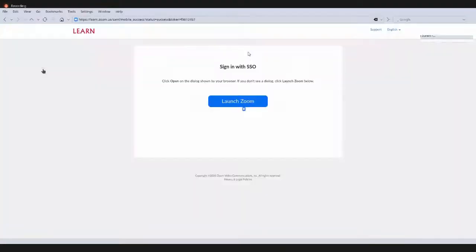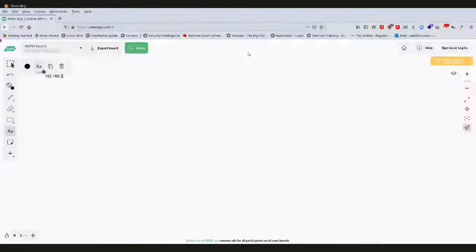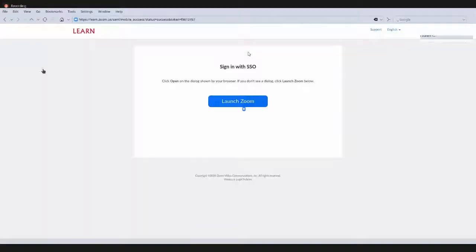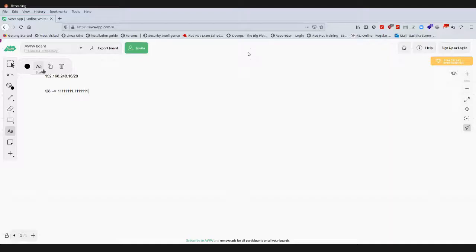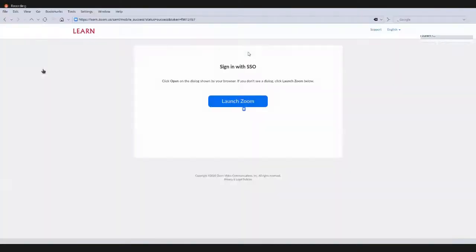So when you say the 192.168.248.16/28 network, what they are referring to is 8 ones dot 8 ones dot 8 ones, that is 24 ones, and another 4 ones.